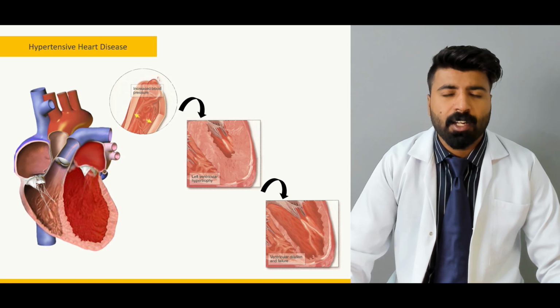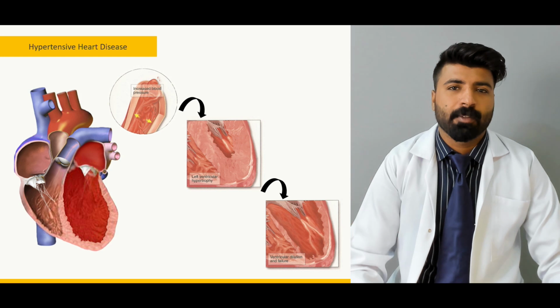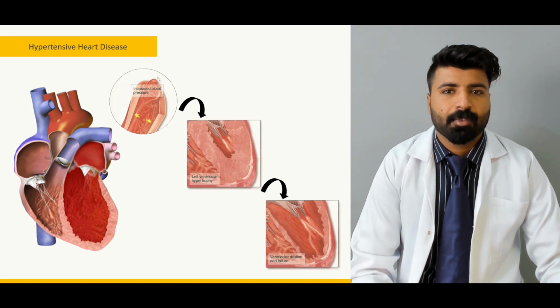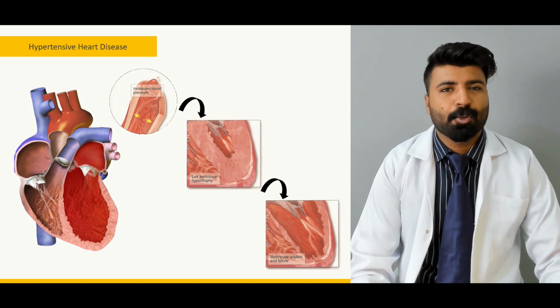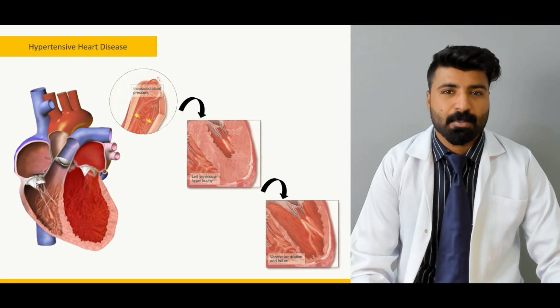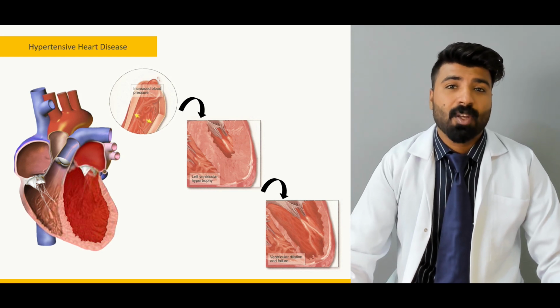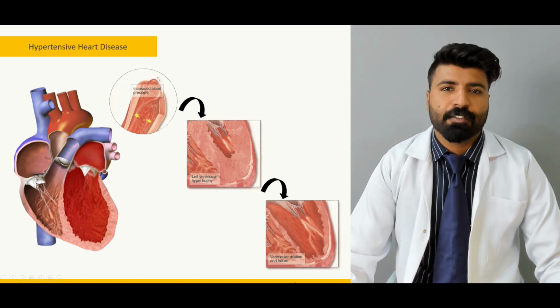And what is ventricular failure? When ventricles are unable to meet the oxygen demand of the body, they are failed. And they will continuously do so because they are hypertrophied, they are dilated, they cannot do their function at its maximum. So that's how a hypertensive heart disease leads to ventricular failure and in turn leads to cardiac failure.